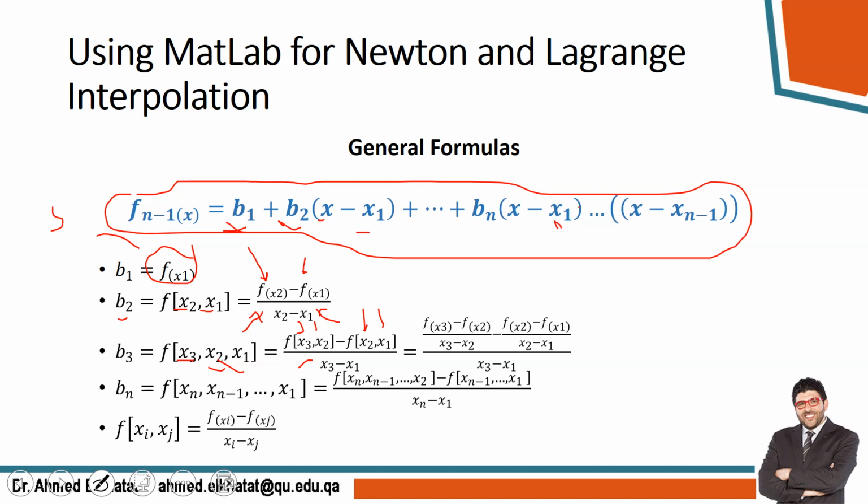Okay, so it will be this value. Also Pn, similarly, will be a function of xn until x1, so it will be f(xn, xn minus 1, until x2) minus f(xn minus 1, until x1), over xn minus x1.